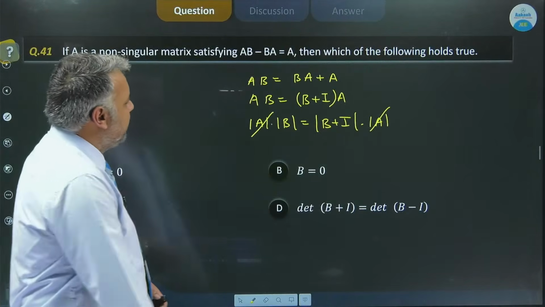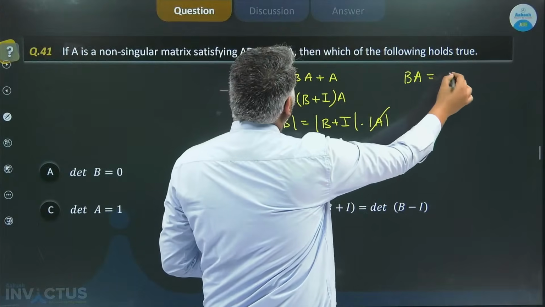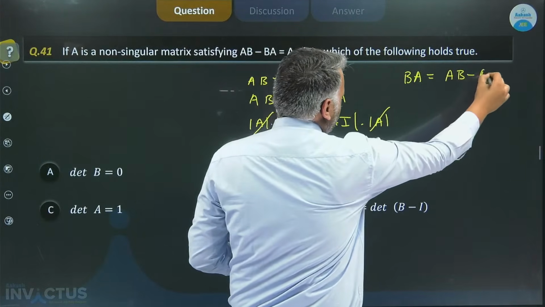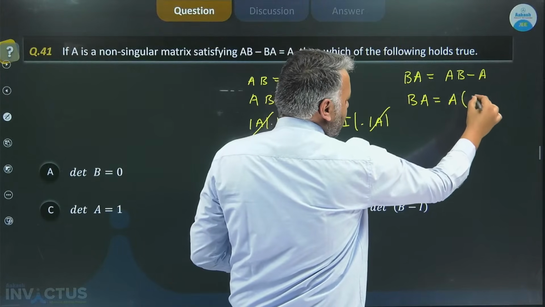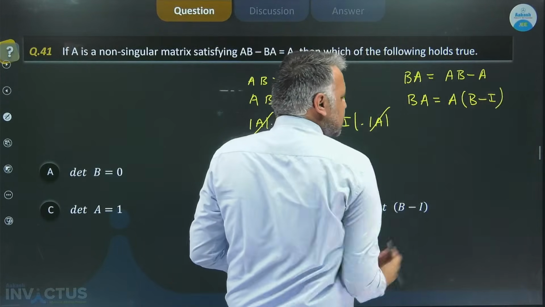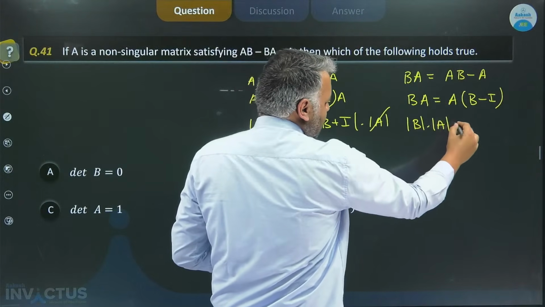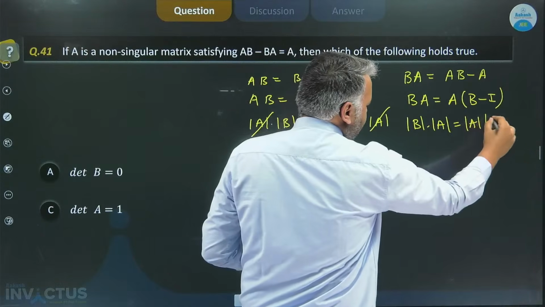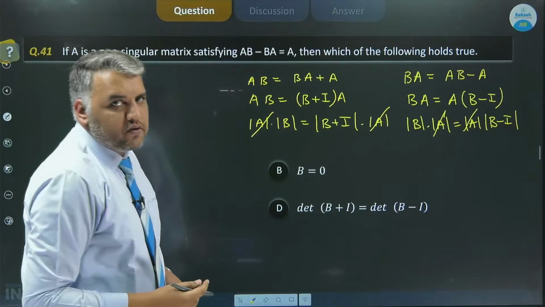Similarly, we can see that BA is nothing but AB minus A, and you can write BA is equal to A into B minus identity matrix. Again, taking determinant, we can see determinant B, determinant A is determinant A, determinant B minus I. So again, determinant A is non-zero, so we can cancel it out.